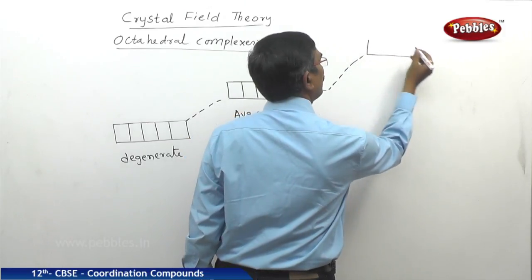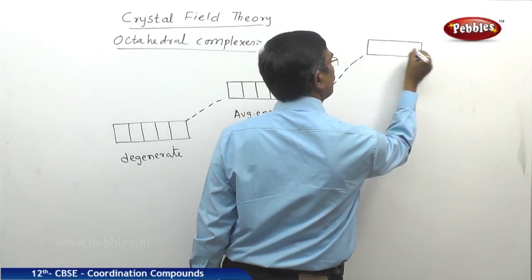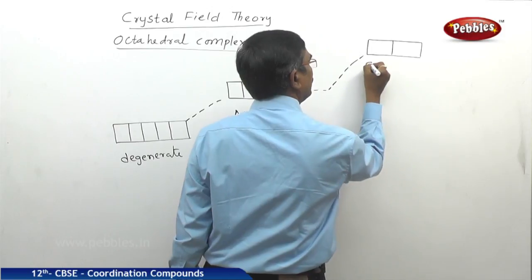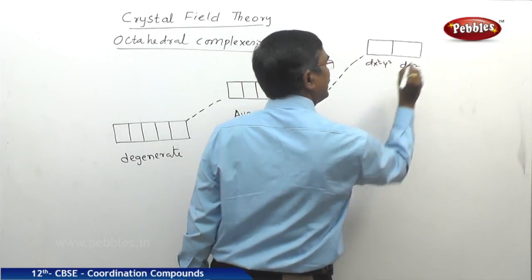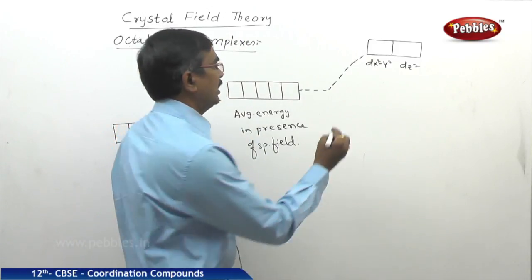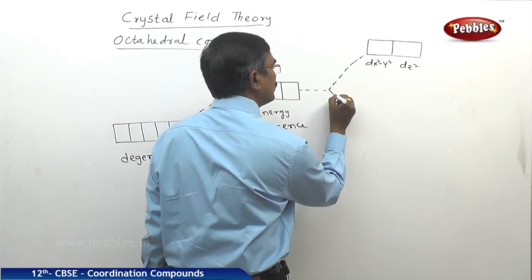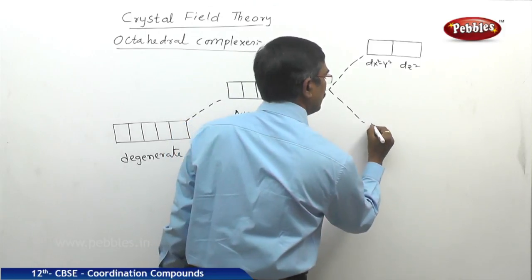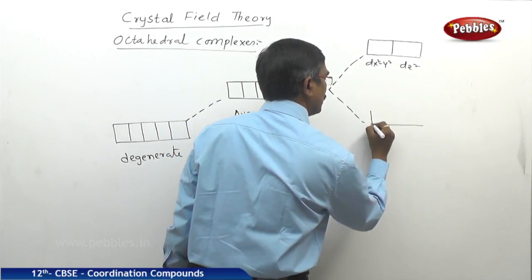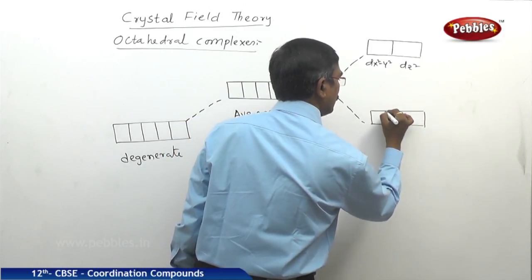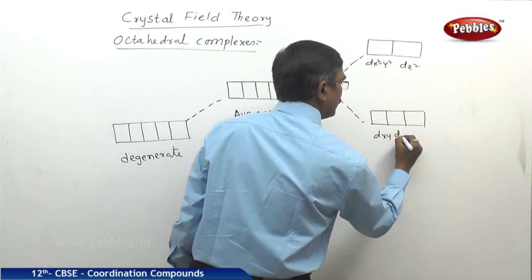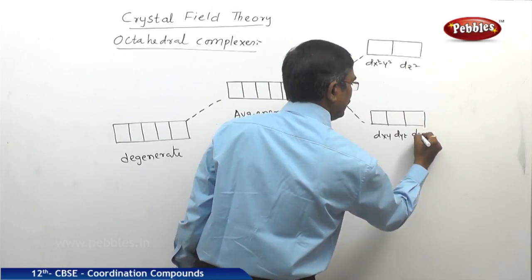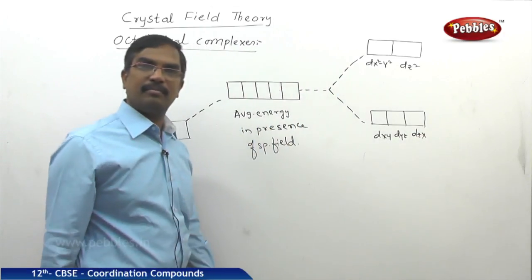So there are 2 orbitals, dx square minus y square and dz square, and the remaining 3 orbitals, which are dxy, dyz, dzx or xz.